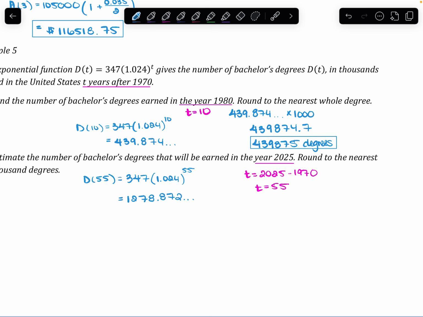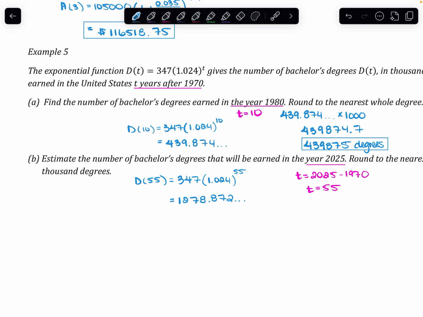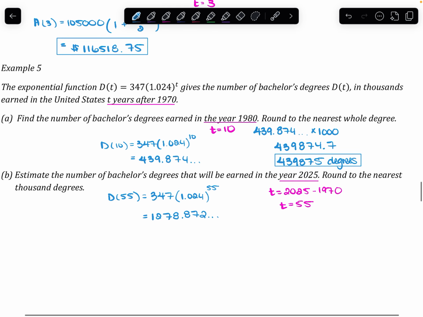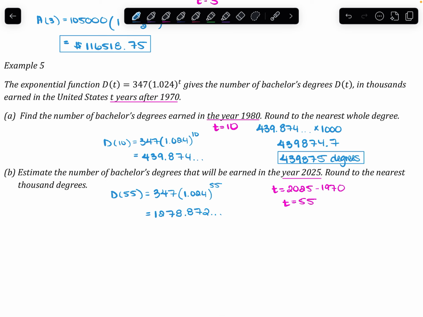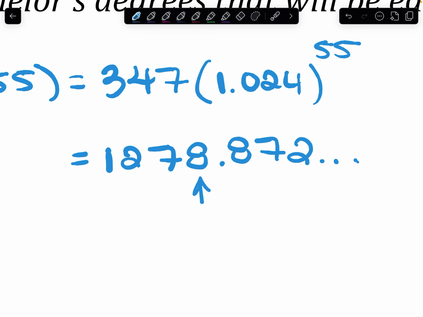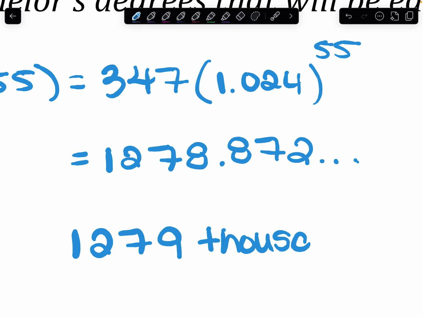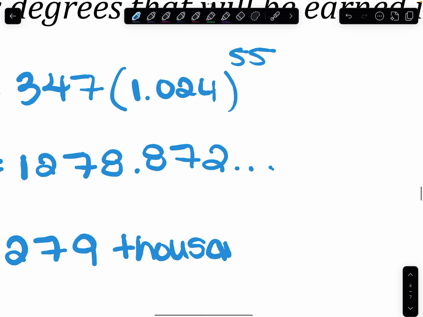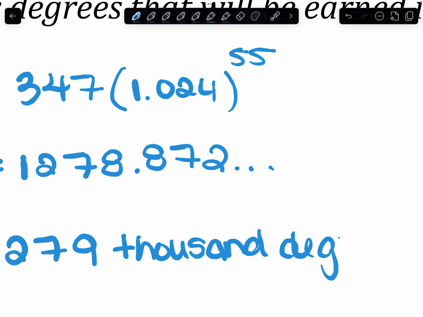All right, now we're going to go reread. So this says round to the nearest 1,000 degrees. So notice the difference. Round to the nearest whole degree was part A. So we had to multiply by 1,000 first and then round accordingly. This one says the nearest 1,000. So that means we are going to round right away. So the number of degrees we would have is 1279 thousand degrees.